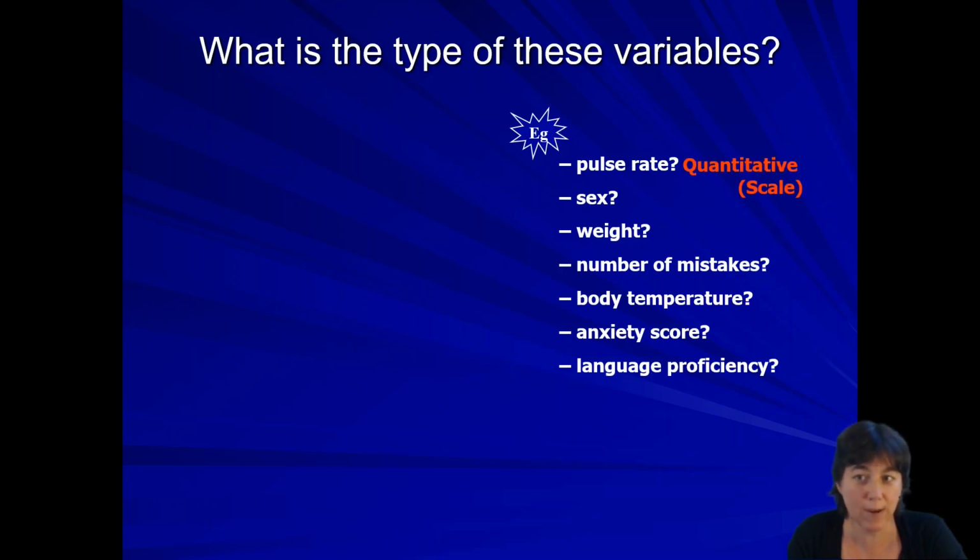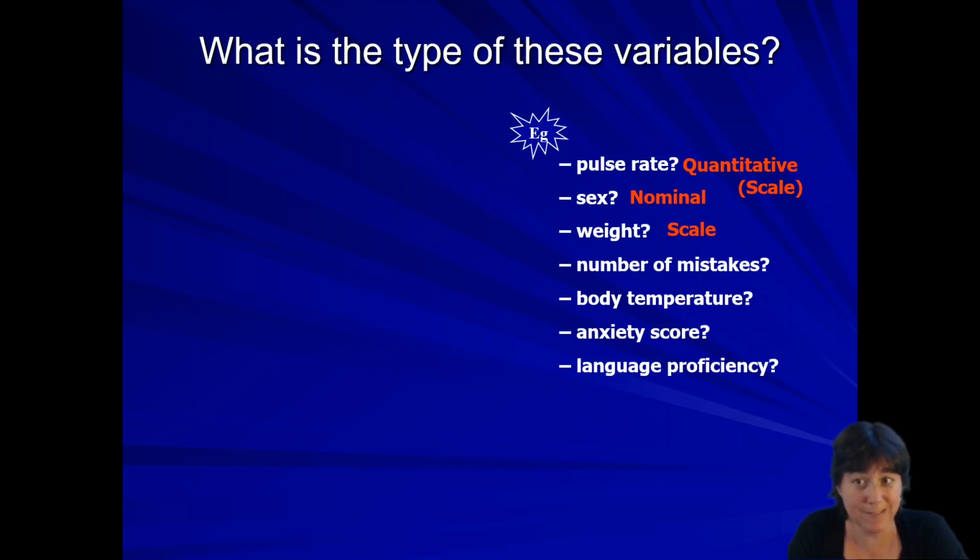Okay, so pulse rate is a quantitative scale type variable, okay? Sex is nominal, basically male and female. You can have other categories, but it's still nominal. Weight is again a scale type variable because kilograms can be divided into many different fractions, and they can be ranked and divided.